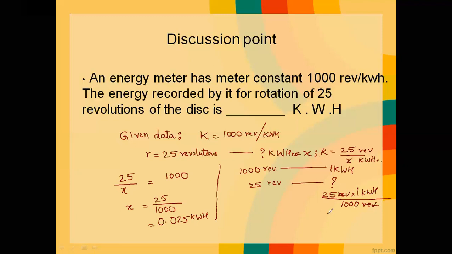Again, 25 by 1000, which should be 0.025 kilowatt hours. This is how we arrive at the solution in two different ways. You can select any way of your choice and your ease. Please note down the solution.